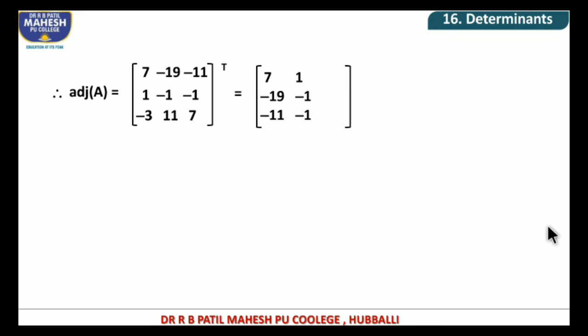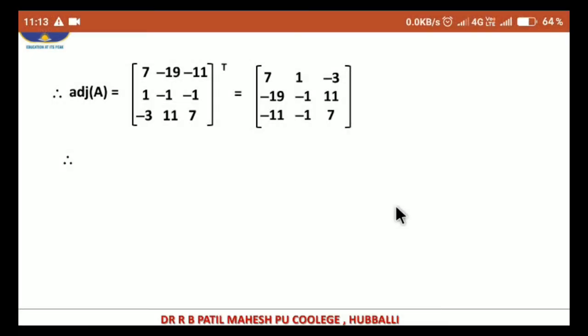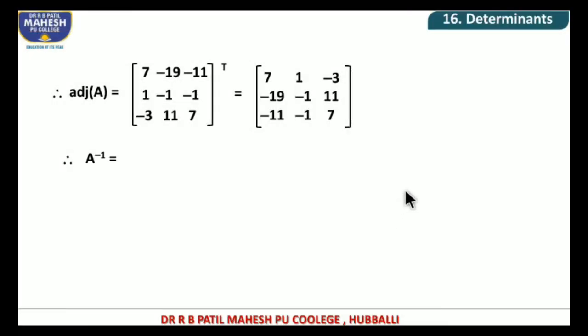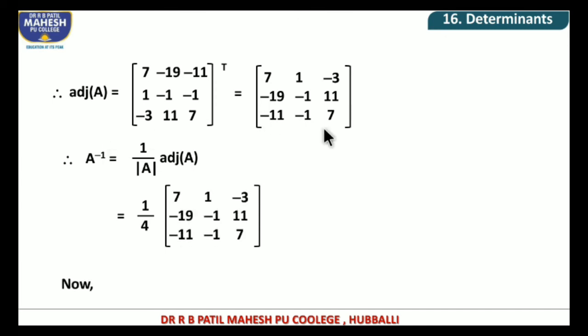So after finding this adjoint of A, we have to find the inverse of matrix A. Therefore, A inverse is equal to 1 by determinant of A into adjoint of A. Therefore, 1 by 4 into adjoint of A, which we already got here.